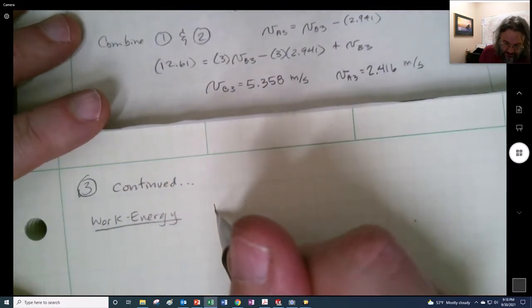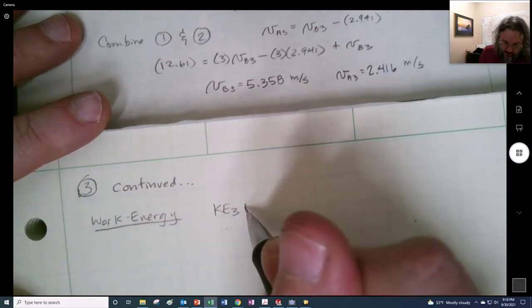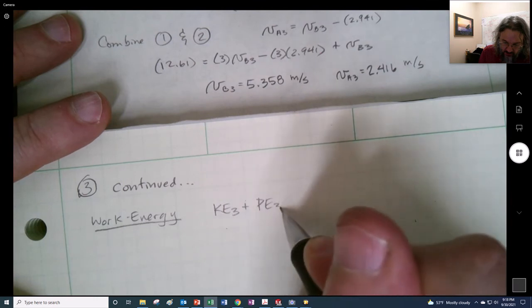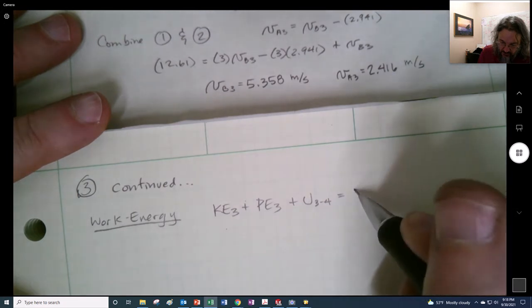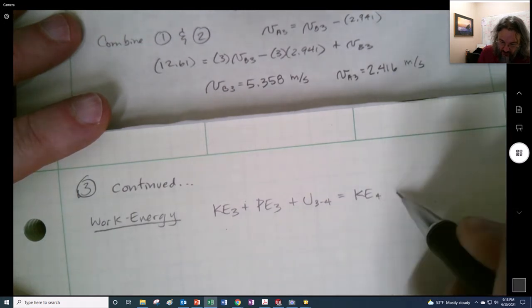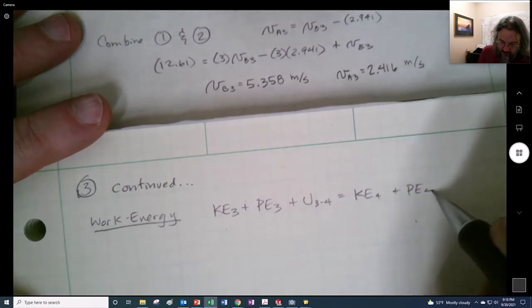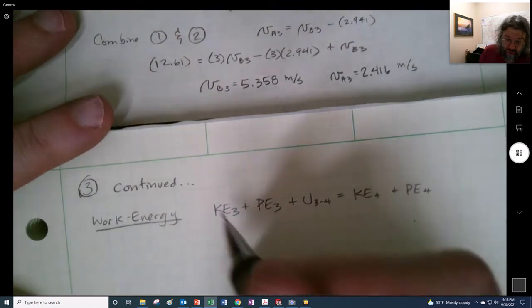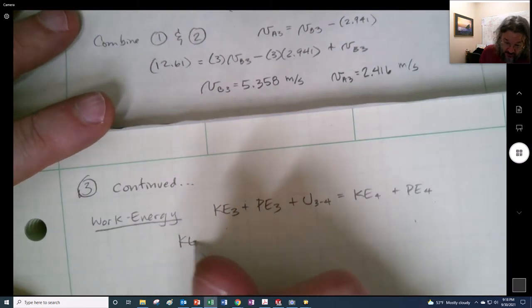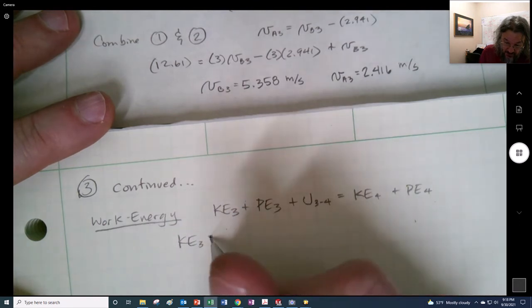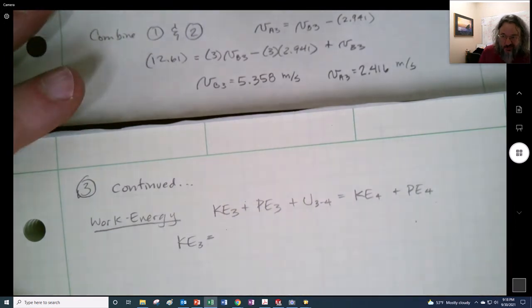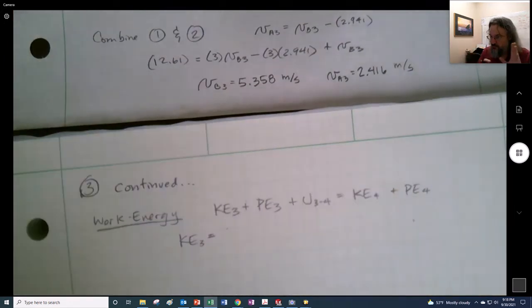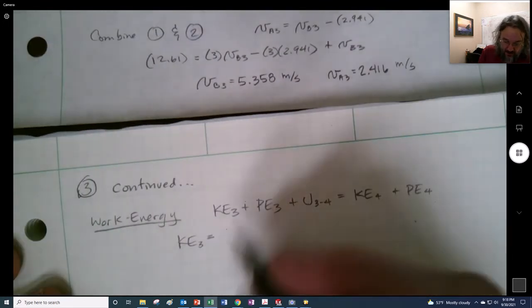And take KE3 plus PE3 plus work done between 3 and 4 is going to be equal to KE4 plus PE4. So KE3, and this is only for particle B. Now I know that the other thing is still moving, but we don't care. They're not touching each other, so we just want to see how far B goes up.